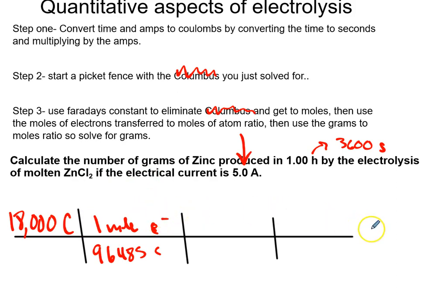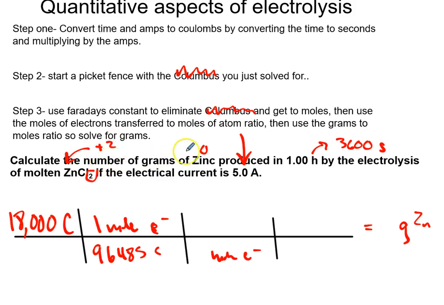Now, what am I solving for over here? Grams of zinc, right? All right, so I need to know the moles of electrons transferred. And we don't need a ton of chemistry knowledge here. If we just know that zinc is 0 as a pure element, and what is it in a compound, this will tell you. It's a positive 2.